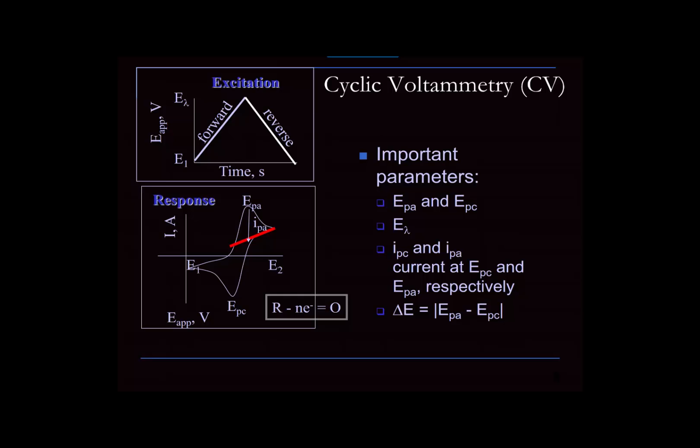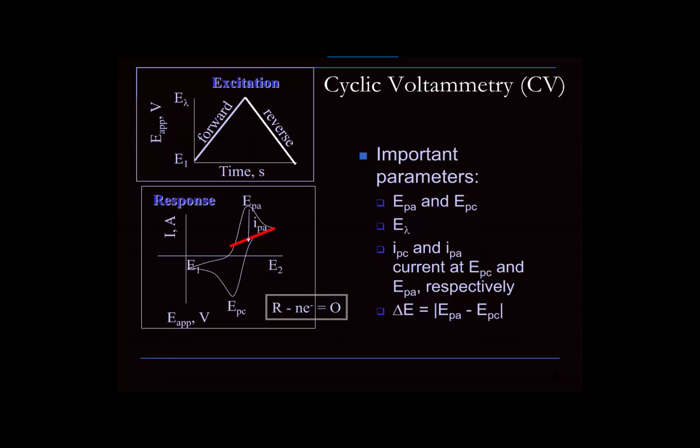So the net result is you produce this characteristic waveform that some electrochemists informally refer to as the duck, and it has two peaks. One peak corresponds to the production of the maximal amount of current from oxidation, and the other peak is due to reduction. Those are referred to respectively as E-peak anodic and E-peak cathodic.